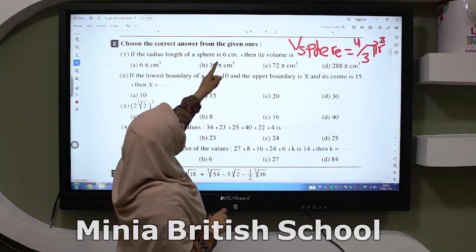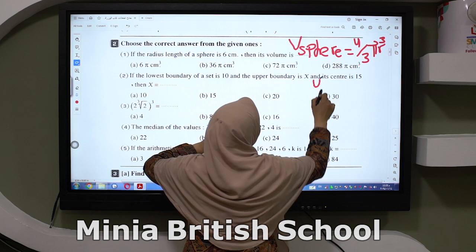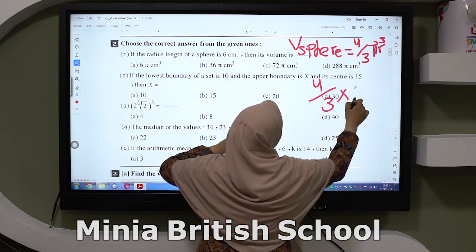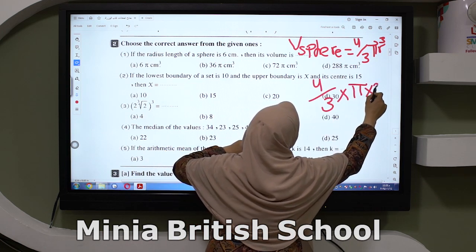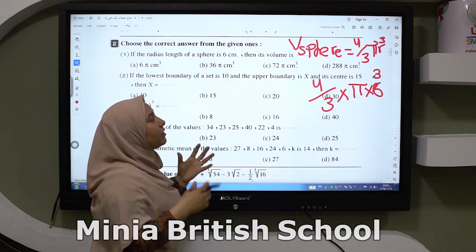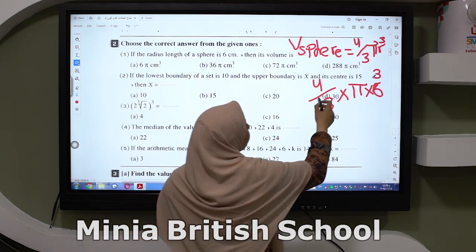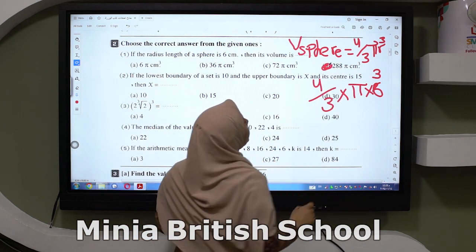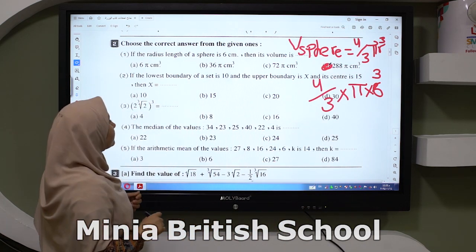The radius length here equals 6 centimeters. Then 4 over 3 times pi times 6^3. In the calculator, the answer becomes 288 pi cubic centimeters, okay?